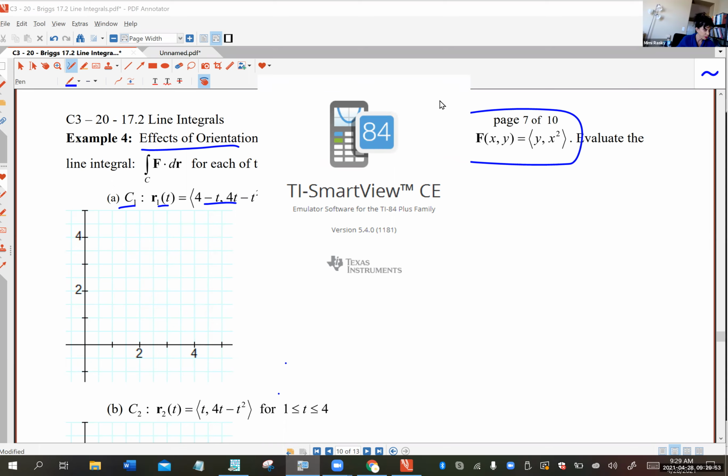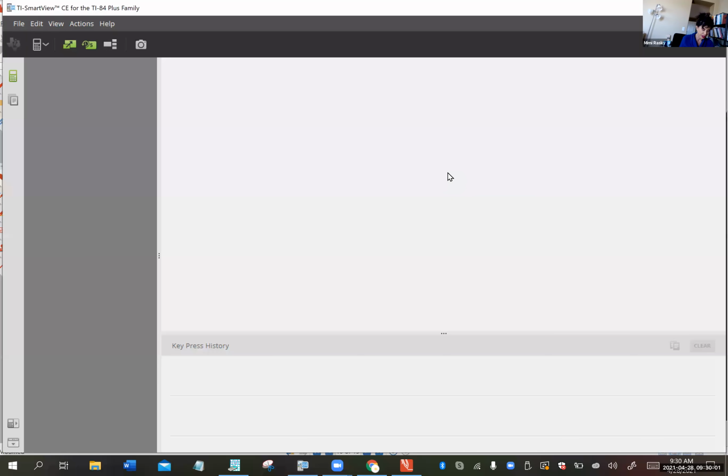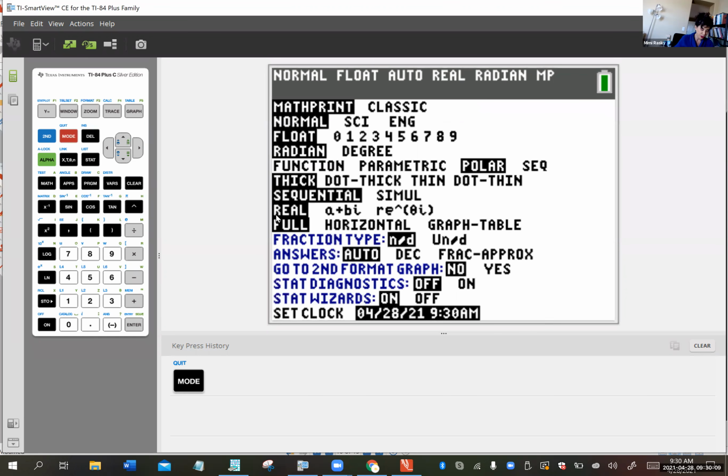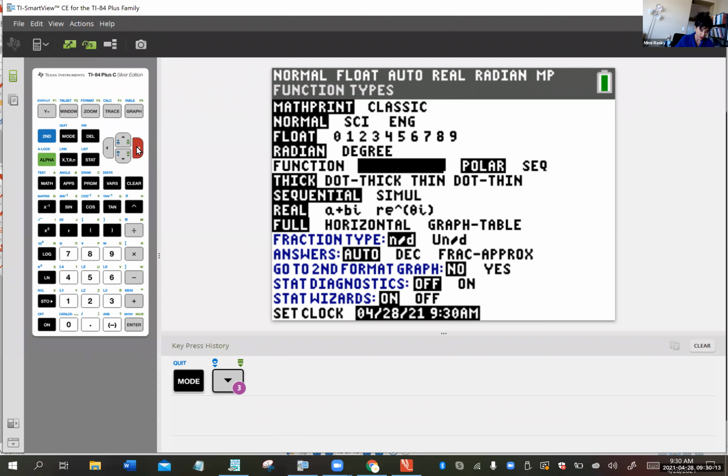I don't assume you have a 3D grapher, but GeoGebra is really fun, and you can always go online and access GeoGebra.